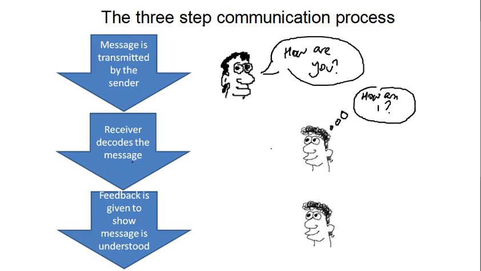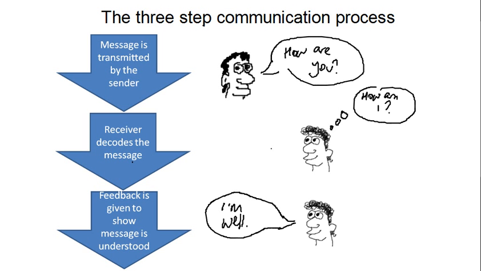So finally, he might say back to the person that sent the message originally, "I'm well." Now the sender is going to know, based on that answer, that the message was understood well. So it's a basic three-step communication process.